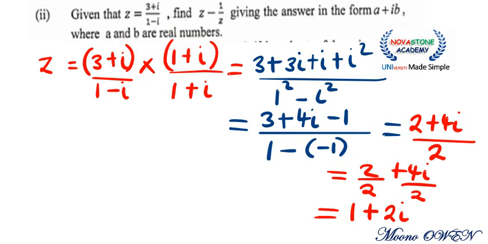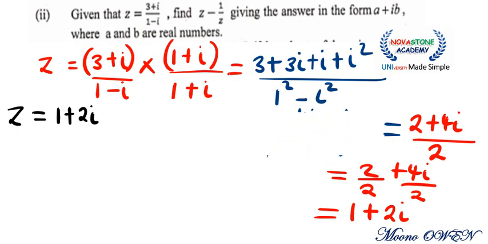So basically that is what I have as my z. So z is equal to 1 plus 2i. Now that I've found my z, let me find my 1 over z.